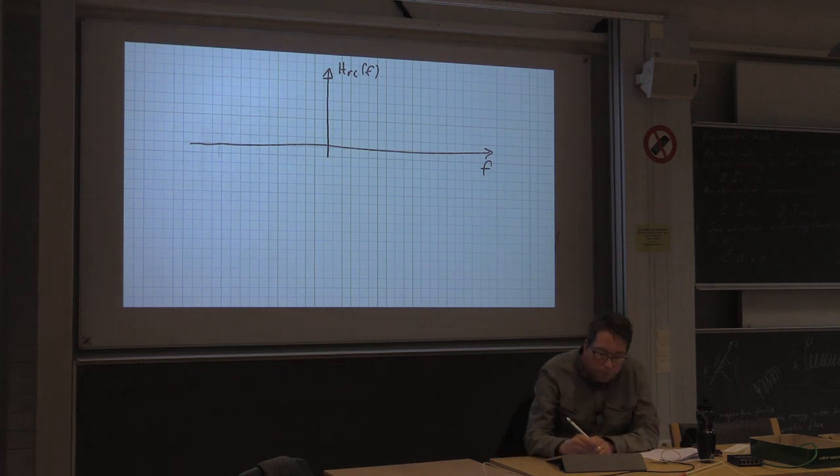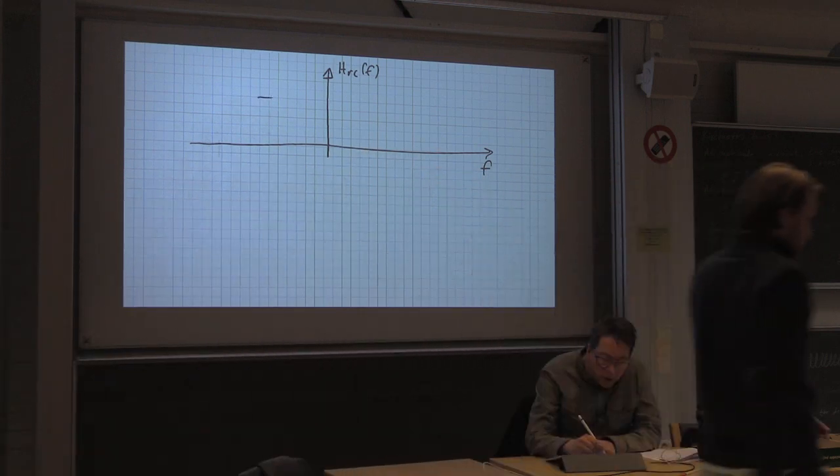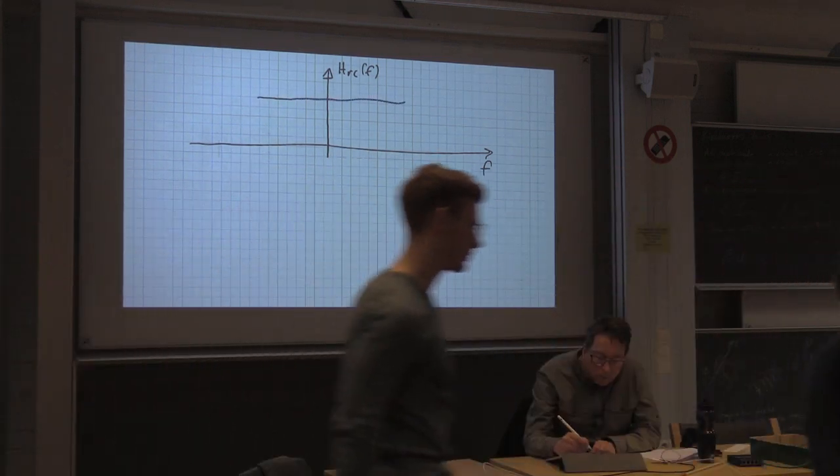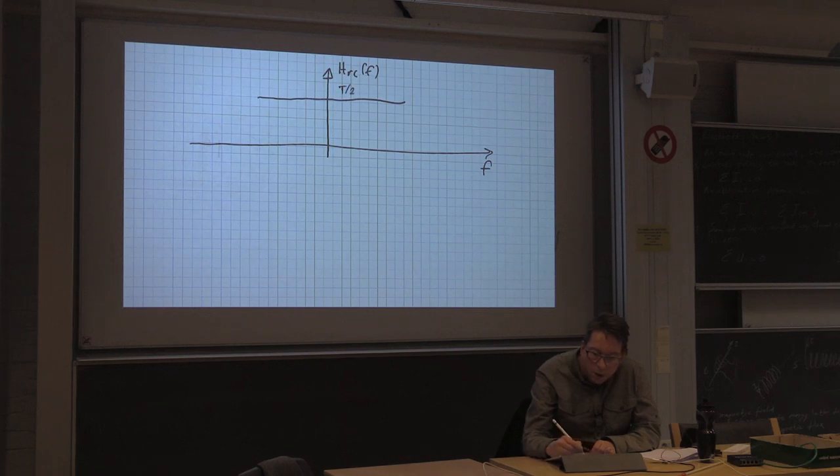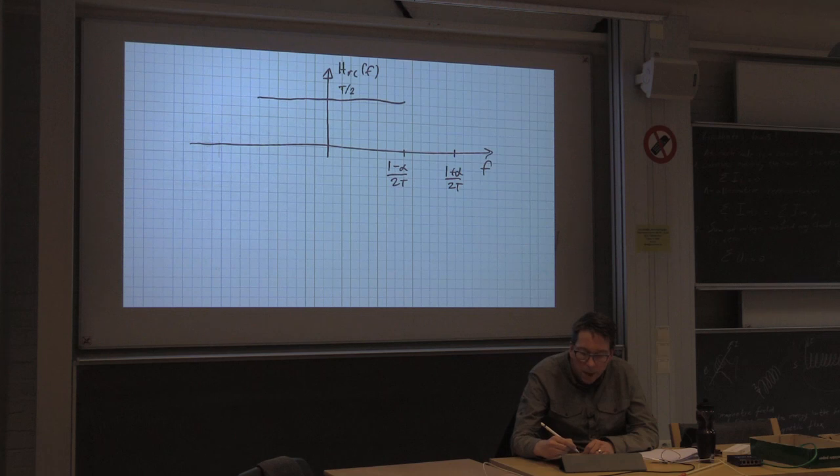It's equal to a constant T over 2 until the frequency (1 minus alpha) over 2T, and then it's 0 after the frequency (1 plus alpha) over 2T. And in between these two points is a half period of a cosine, which is lifted up from the horizontal axis.